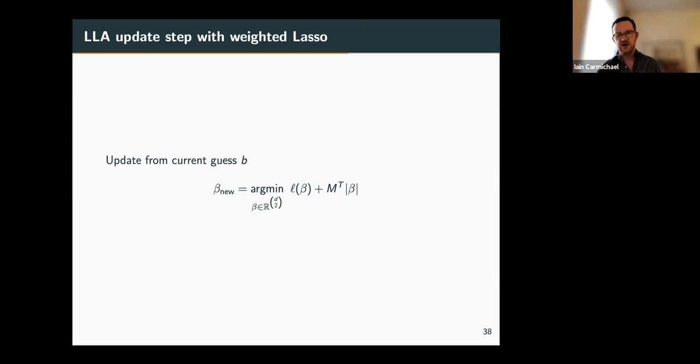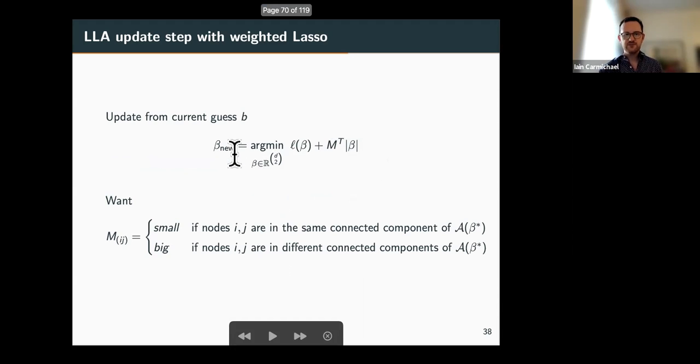Okay, so how's this going to work? Well, taking a step back, the main object of interest is what happens when you take an LLA step from some current guess, little b. So remember that our majorization minimization algorithm updates the parameter by solving these Lasso penalized problems, where the Lasso coefficients come from our current guess b.